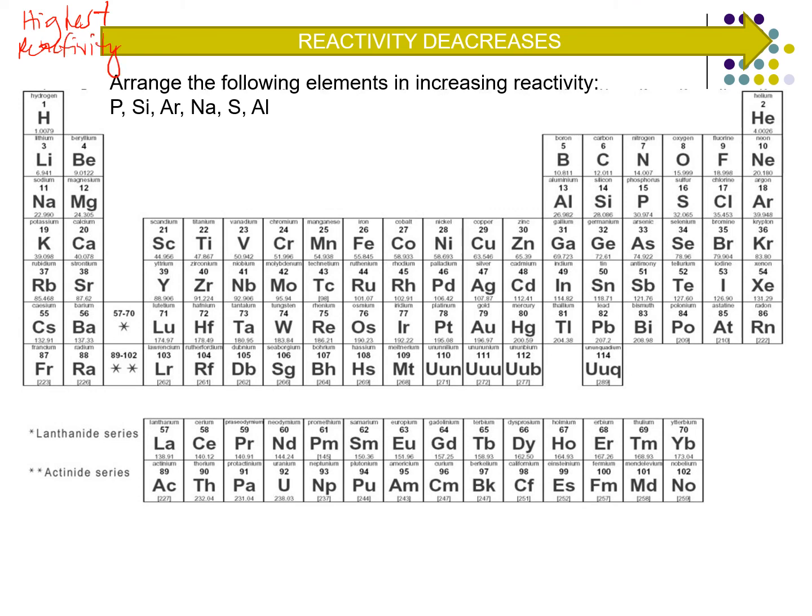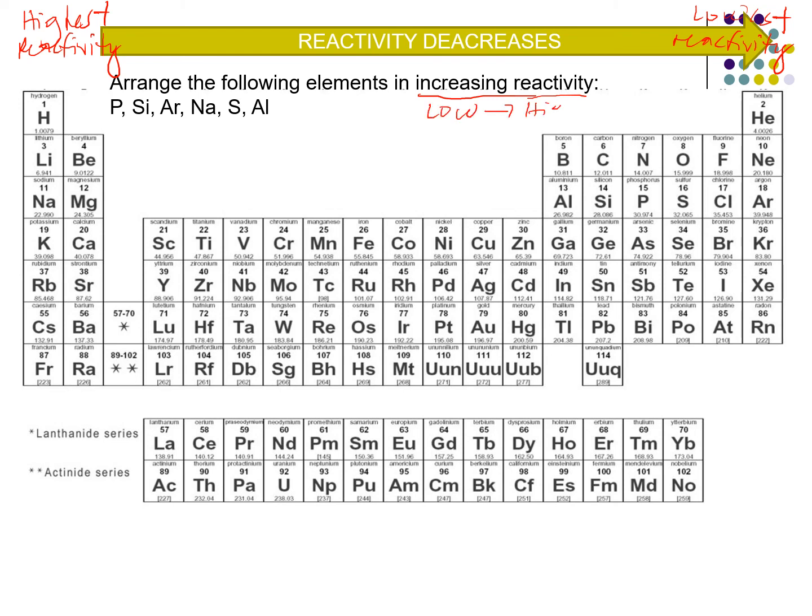At habang pumupunta tayo sa right, nandito naman ang mga elements na may lowest reactivity. So, sample: arrange the following elements in increasing reactivity. Take note, increasing, magsisimula tayo sa low, pataas.